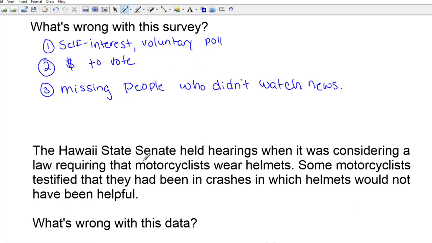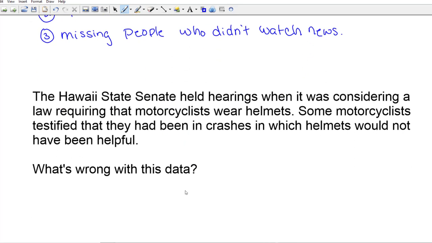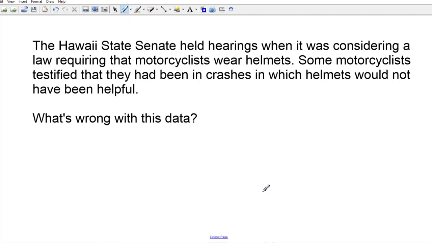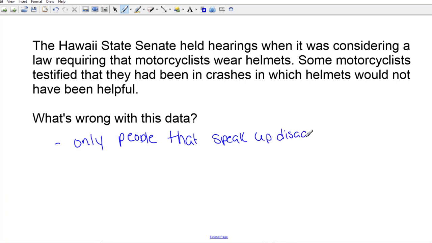All right, the Hawaii State Senate held hearings when it was considering a law requiring that motorcyclists wear helmets. Some motorcyclists testified that they had been in crashes in which helmets would not have been helpful. What's wrong with this data? They're only talking to people, a lot of times only the people that disagree will speak up.